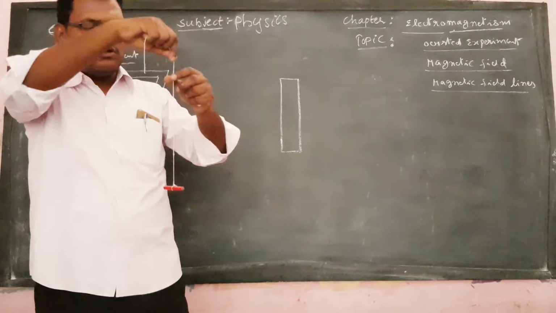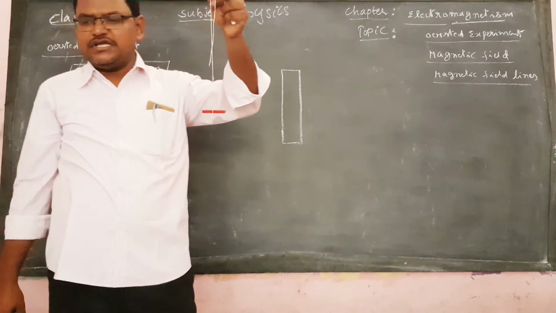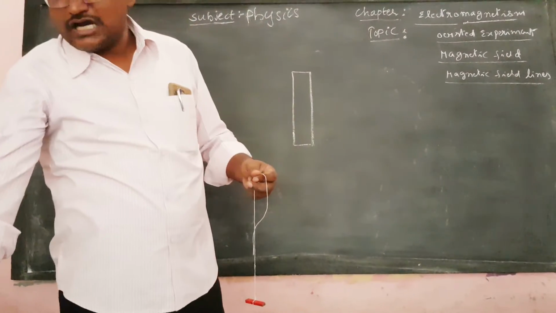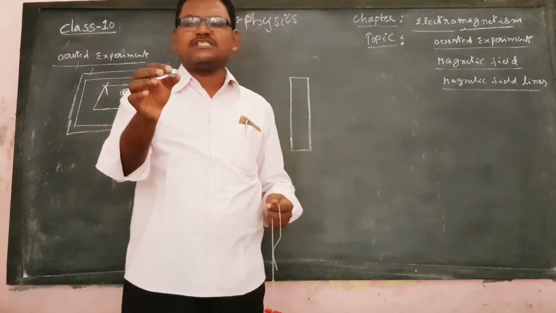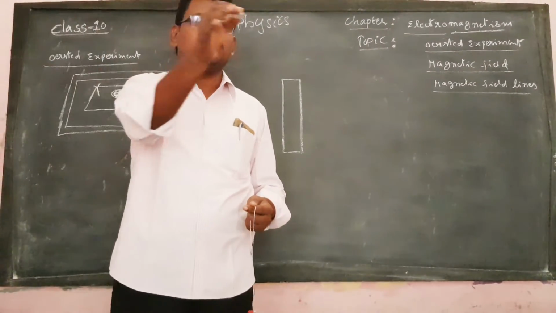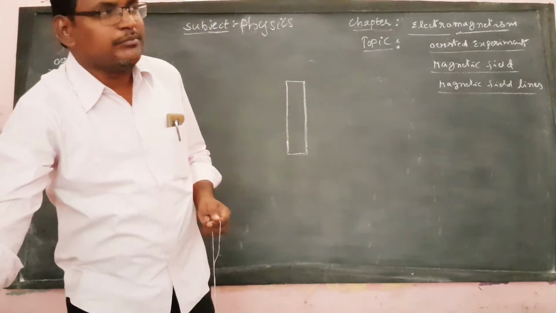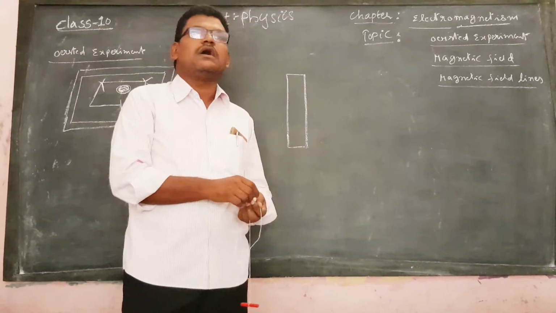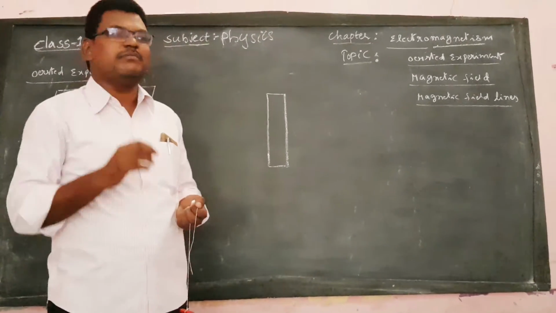Let's see why the freely suspended magnet and the magnetic needle in a compass box always show from the south pole of the earth to the north pole of the earth. It means the earth is a big magnet.